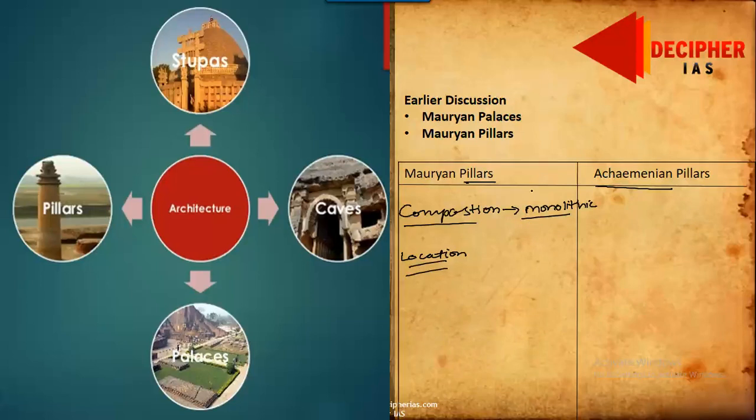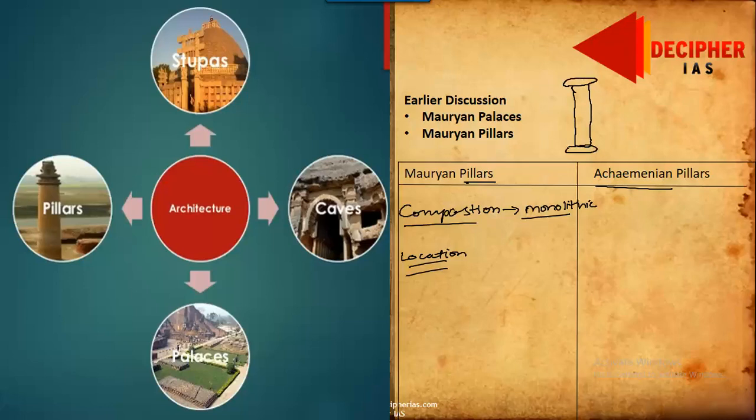Chunar was near Patliputra at those times, so sandstone was acquired from there, and it was carved literally out of a single stone. The rock was cut, polished and made into a pillar.